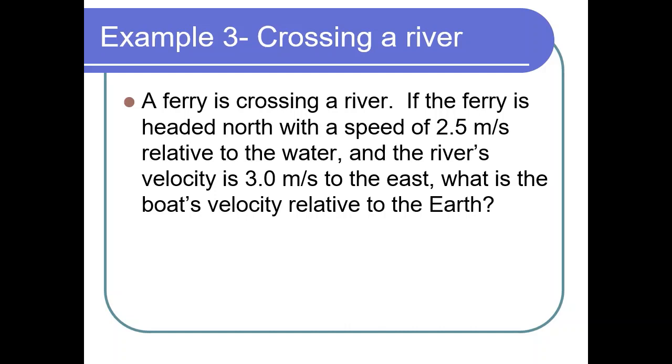So if you were to add those two vectors together, ferry relative to water plus water relative to the earth should give you ferry relative to the earth. But you have to add them together as vectors, and so your 2.5 meters per second ferry relative to the water vector should be drawn going in the northern direction. And then perpendicular to that should be another vector representing a 3.0 meters per second velocity of the river relative to the earth, or the river bank, some people say it like that.